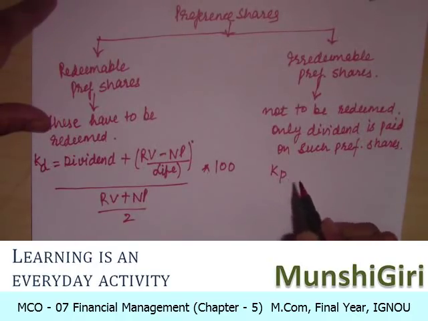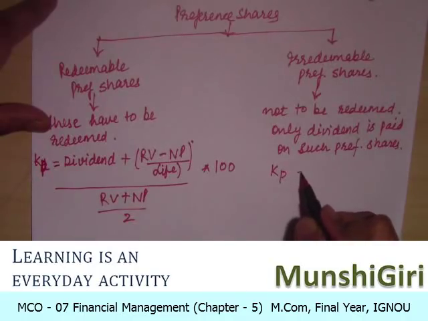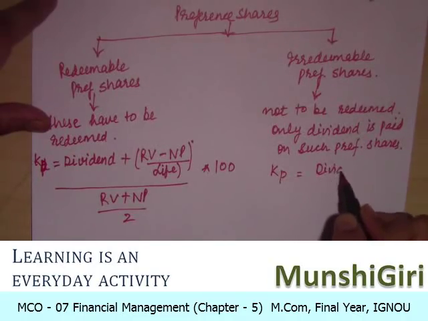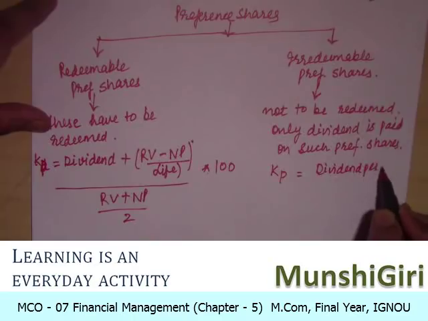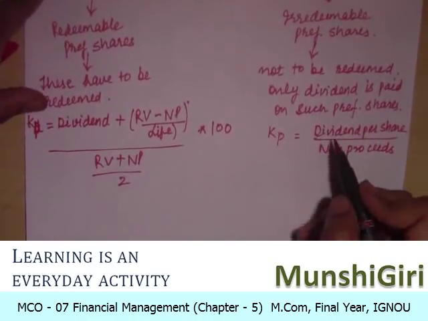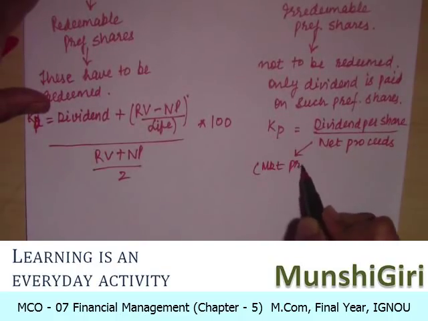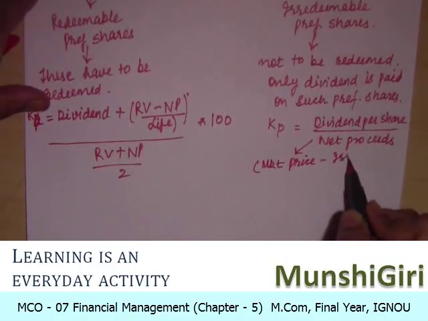Cost of preference capital, this is KP, is dividend per share, and this is to be divided by the net proceeds. Now net proceeds are market price minus the issue cost.